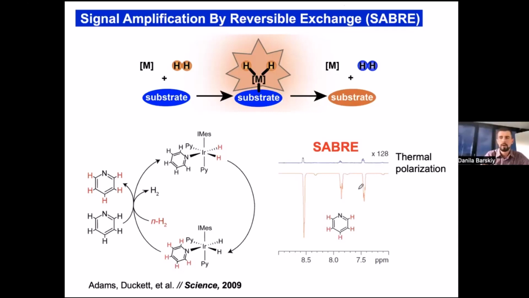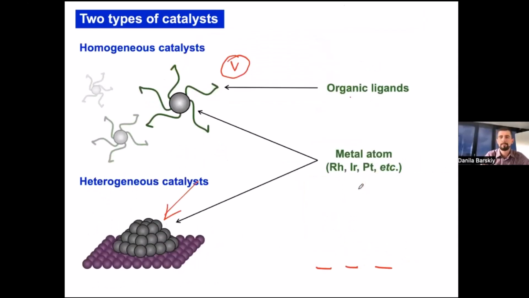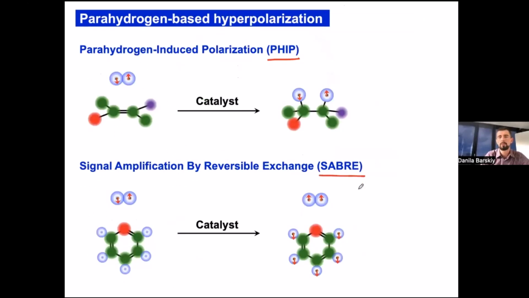Yeah, so basically, we need to distinguish what type of nuclei we want to polarize. So far, I only focused on hydrogens themselves, protons, 1H. And we focused on the mechanism of breaking this symmetry of the parahydrogen molecule to be able to manipulate this spin order.